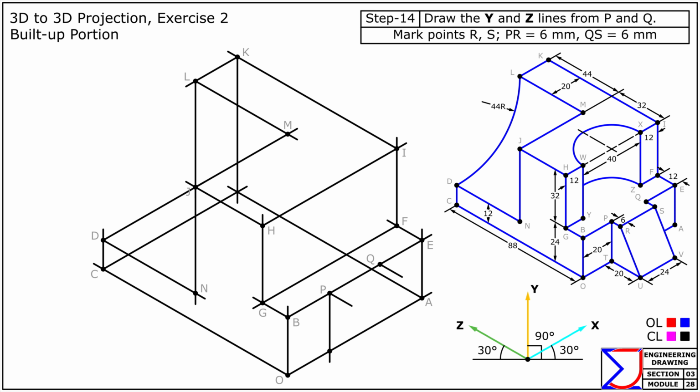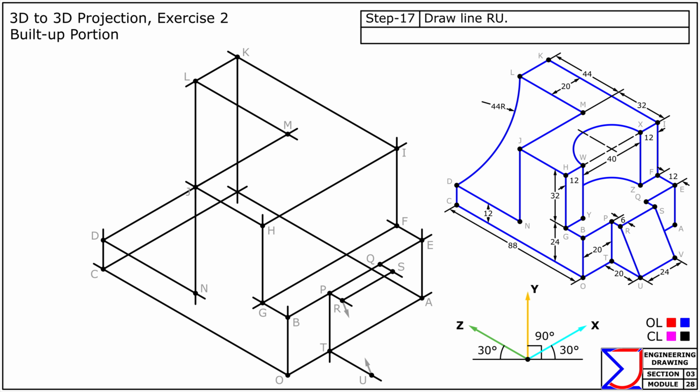The intersection obtained is point T. Now, mark points R and S at a distance of 6 mm from P and Q, respectively. Join points R and S. At point T, draw the remaining parallel line. Mark point U at a distance of 20 mm from T.